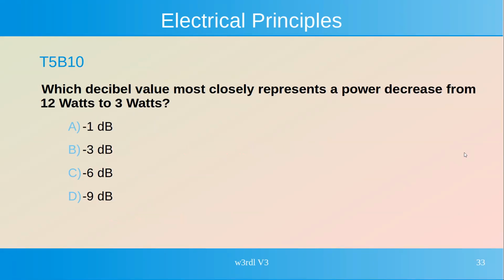Which dB value most closely represents a power decrease from 12 watts to 3 watts? So we're going to do out over in, which is 3 over 12. It's 1/4, right?